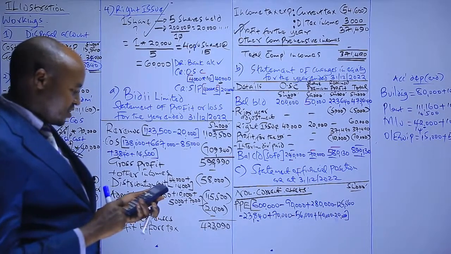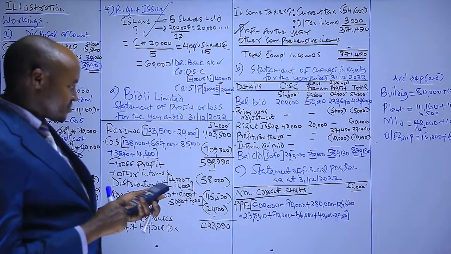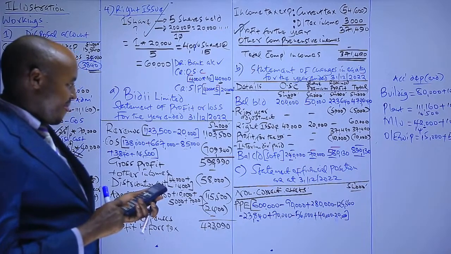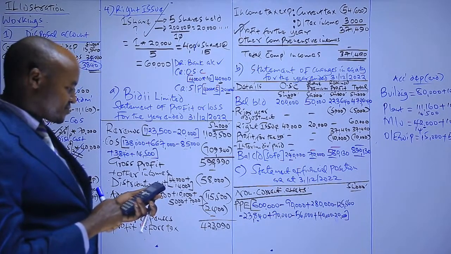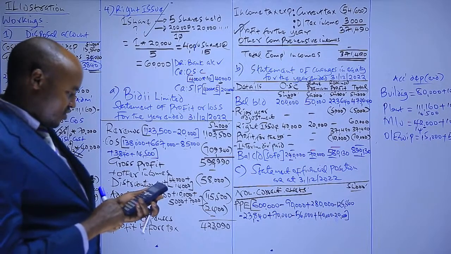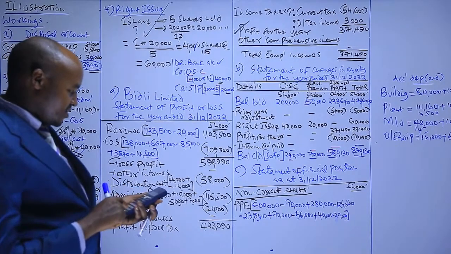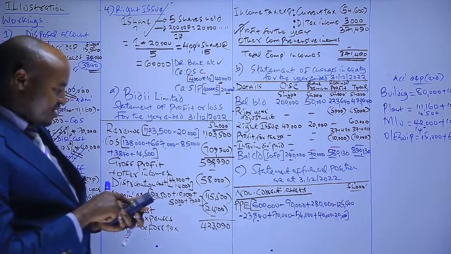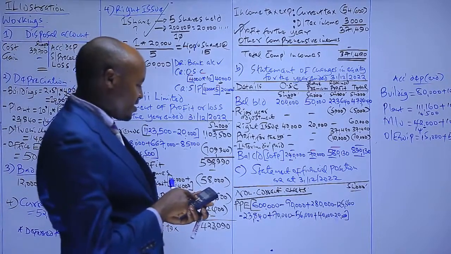This is the plant which was disposed. Plus 70,000 minus 56,000 plus 40,000 minus 20,000. I think we can confirm that working so that we get the correct figure.